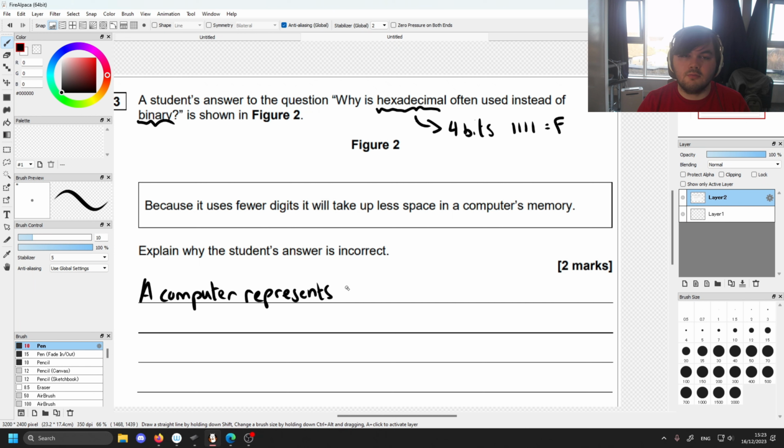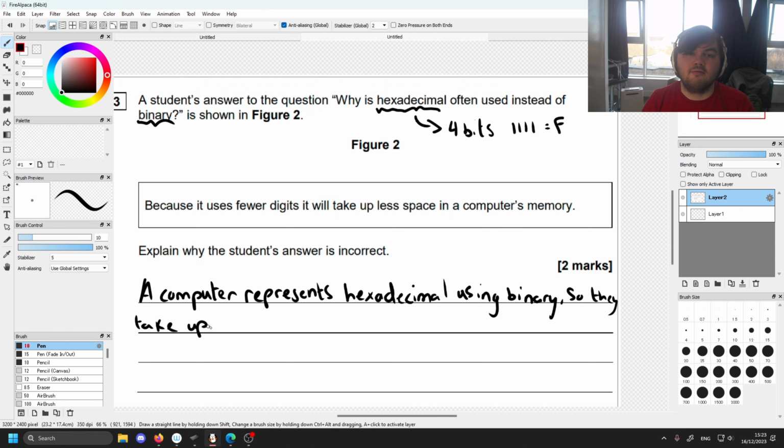Whether that's decimal or hexadecimal or binary, they're all represented with 1s and 0s, or binary. And you should know that one hexadecimal digit is equal to 4 bits. Therefore, you should answer with something like, one hexadecimal digit is represented by 4 bits in a computer, and therefore hexadecimal must take up the same amount of space as binary in a computer's memory.